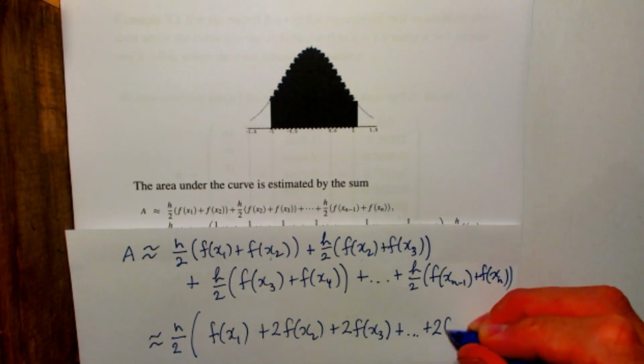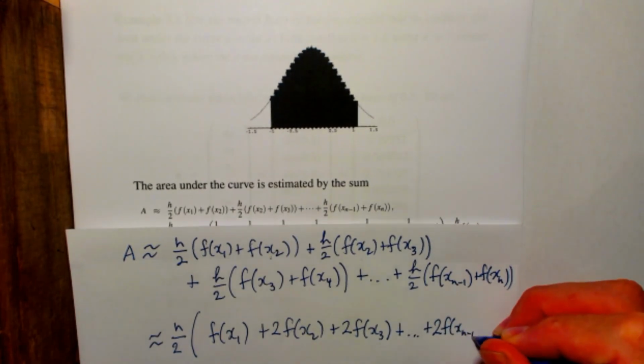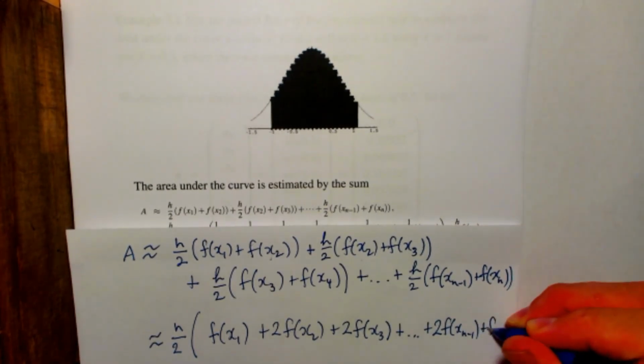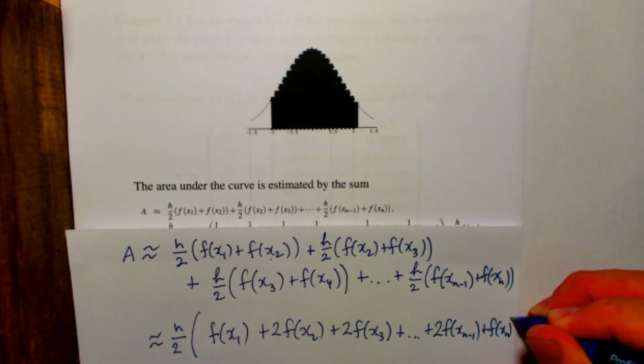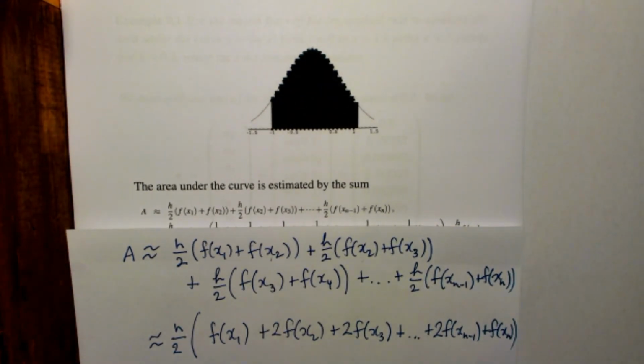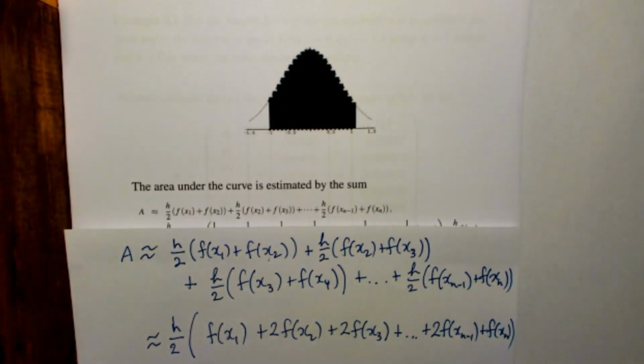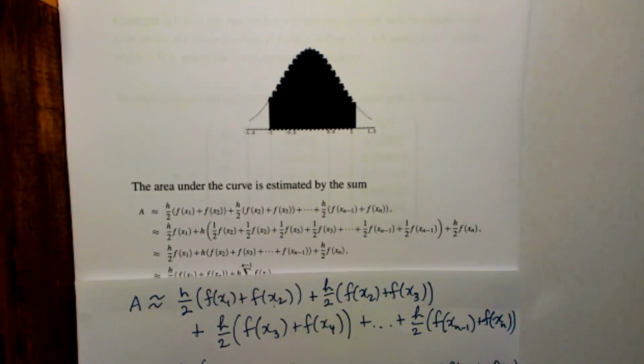So 2 f of x n minus 1 plus f of xn. Okay, great.